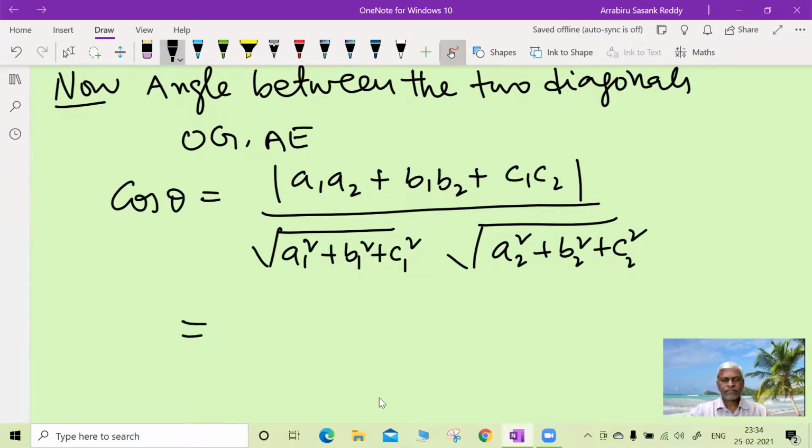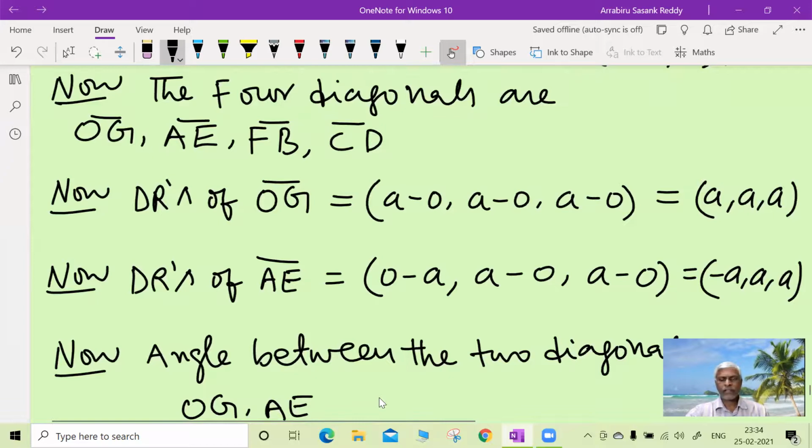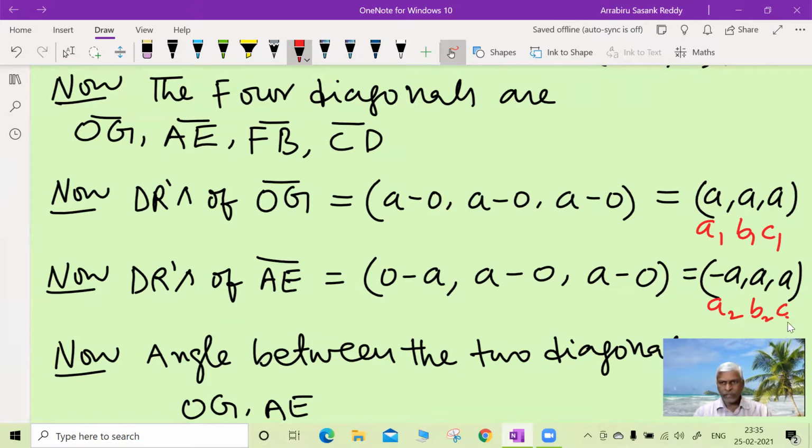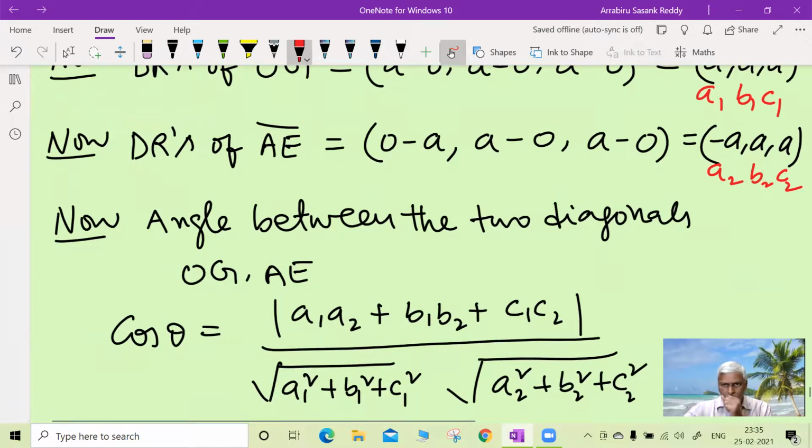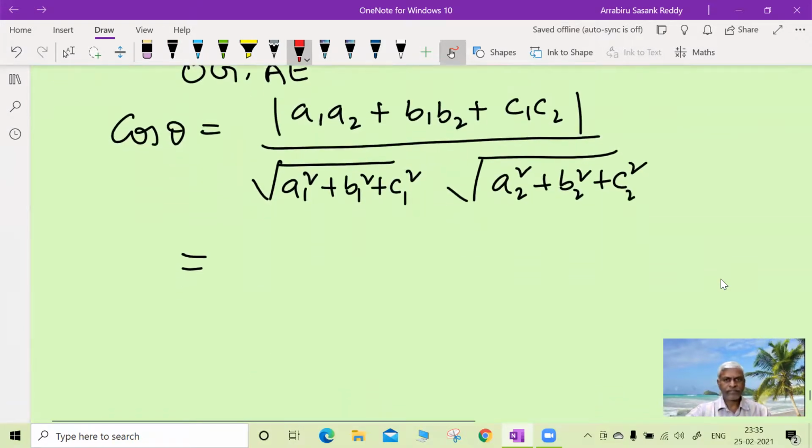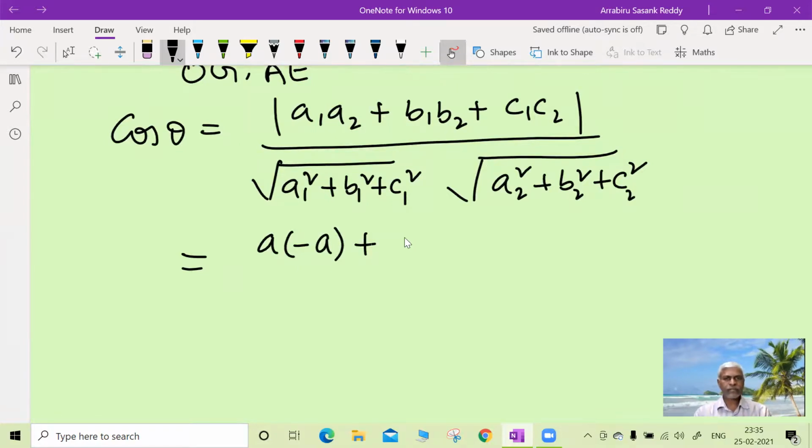Substituting the values. First diagonal ratios a1, b1, c1, second diagonal a2, b2, c2. a1 a2 is a into minus a, b1 b2 is a into a, c1 c2 is a into a.